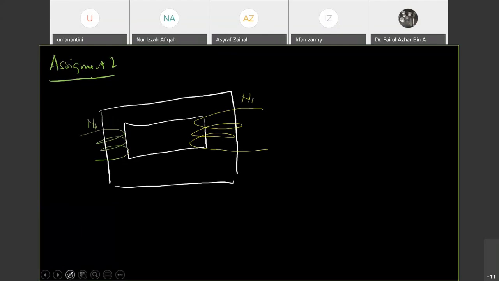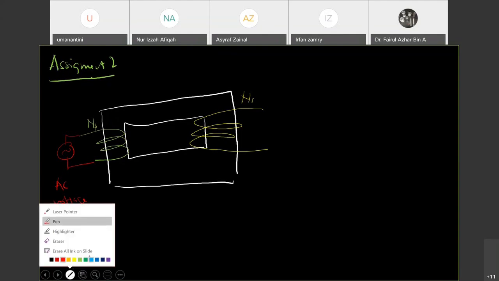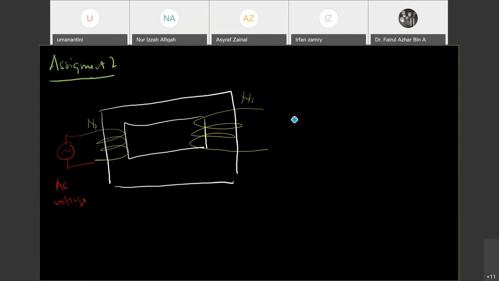Normally for the primary winding, we connect this winding to a certain AC voltage. For the secondary winding, we connect this winding to a certain load. So this one should be RL, for example.